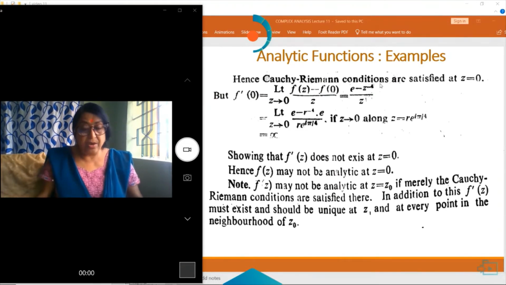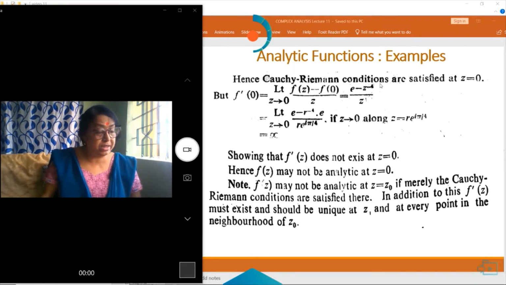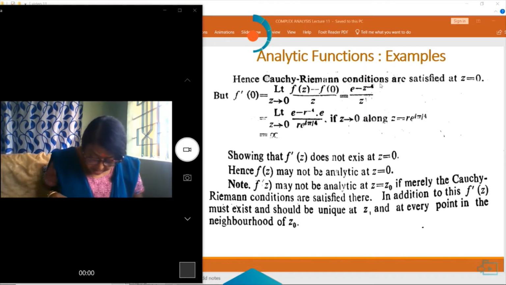For an analytic function, we do another thing also, that is f'(z) is equal to (f(z) minus f(a)) by (z minus a). Here f'(0) is equal to, we have to check whether (f(z) minus f(0)) by z exists when z tends to 0, and after calculation it gives us whatever you can see on your screen.